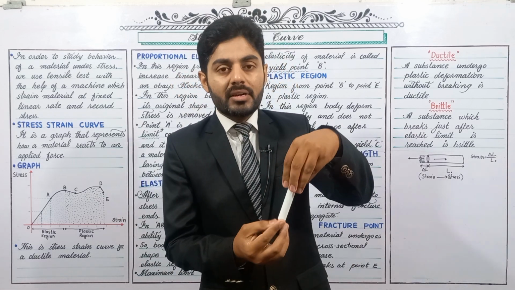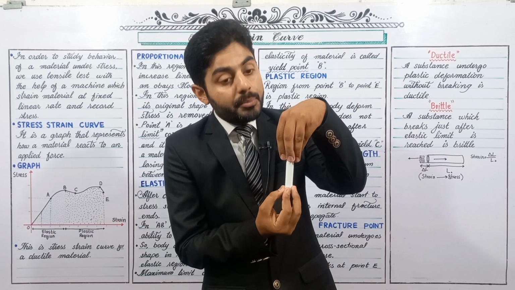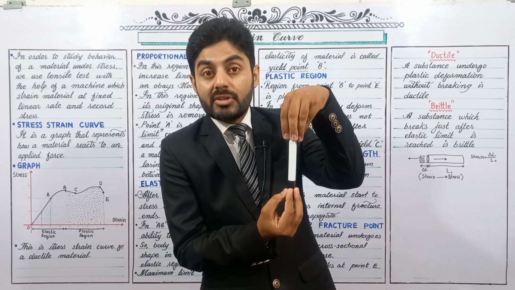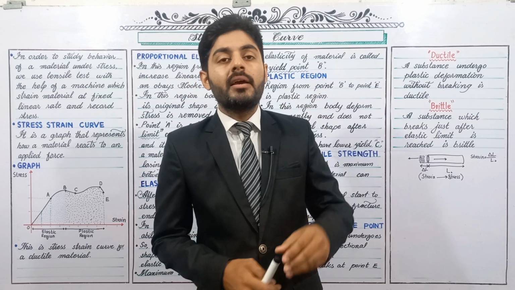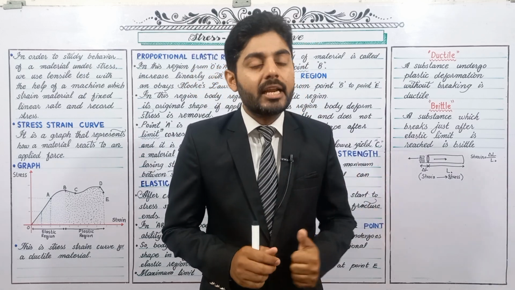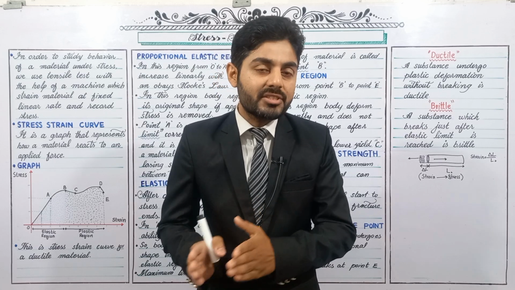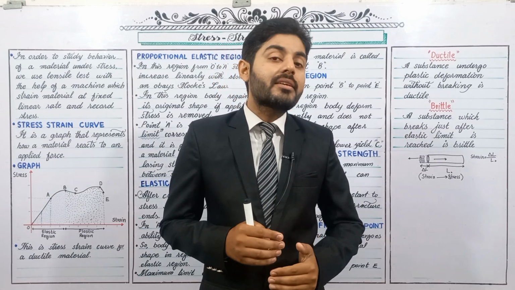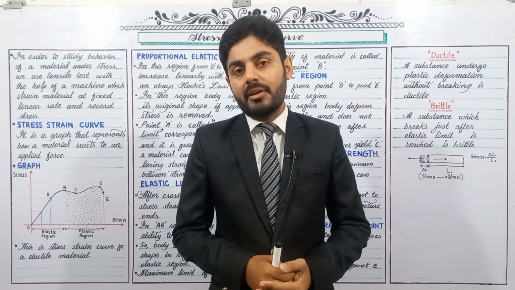The machine will grip this solid in this way, and it will produce strain in this rod and measure the stress within the body. Then there is a computer screen attached to this machine that will show a graph between stress and strain. We will analyze the graph and understand the physical properties of this material.